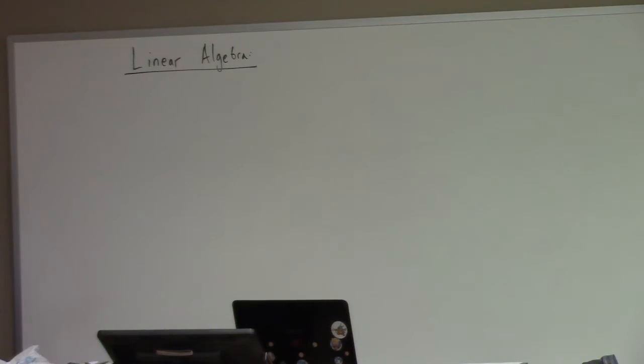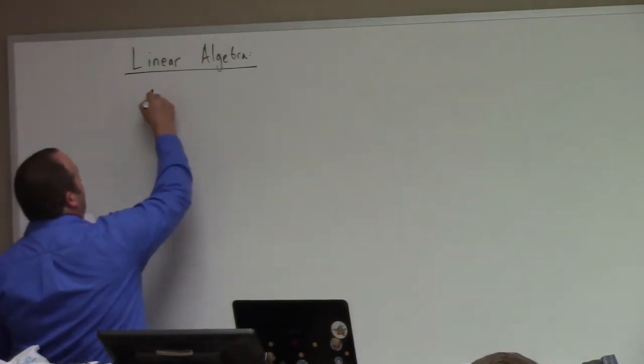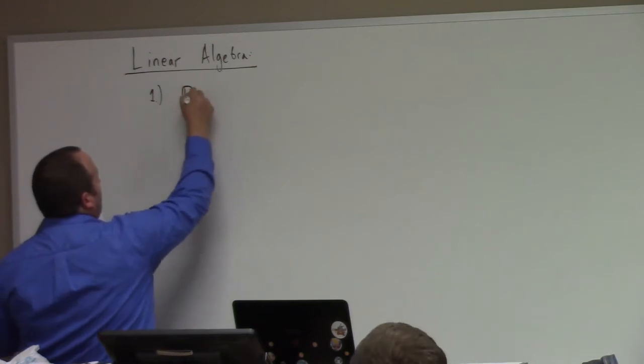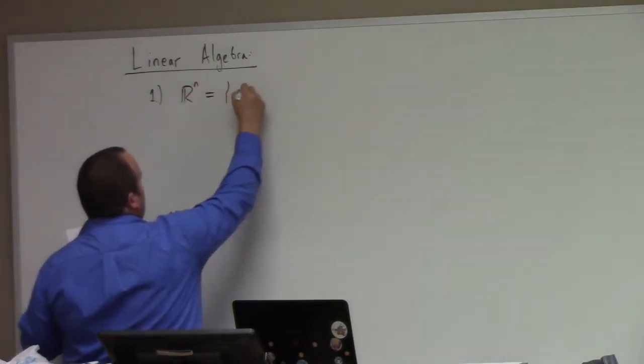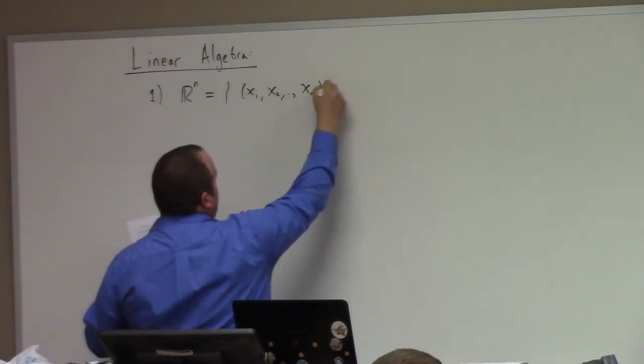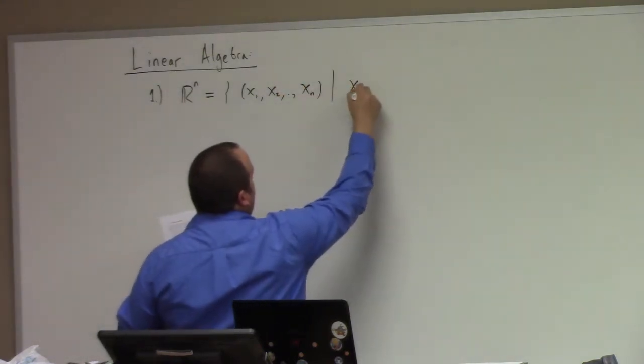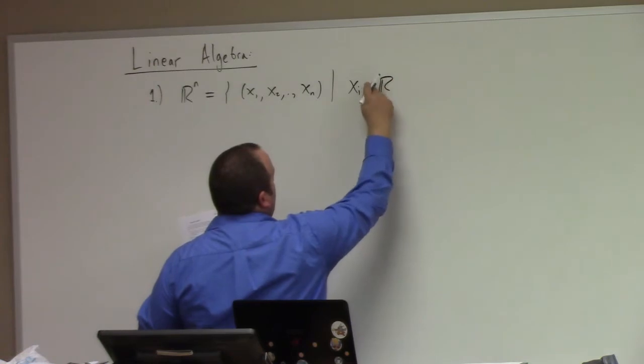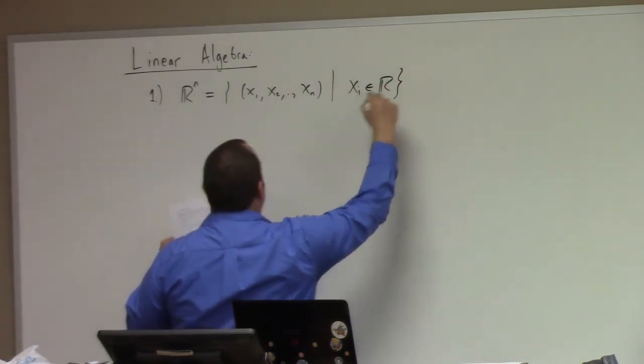All right. So our essential examples we need are R^n, which you guys know, right? N-tuples of real numbers. So that's one of our examples.